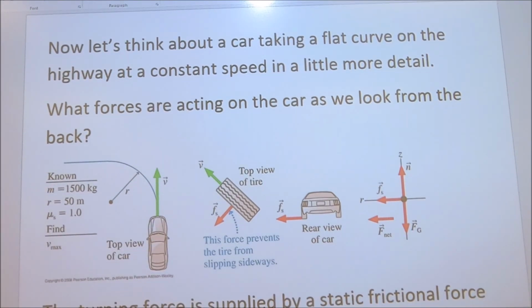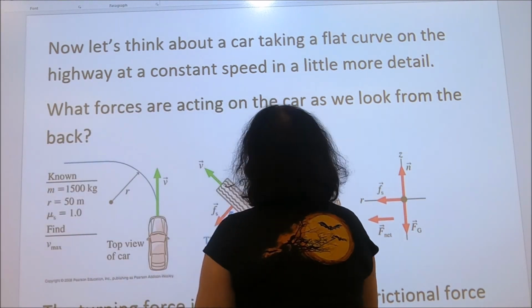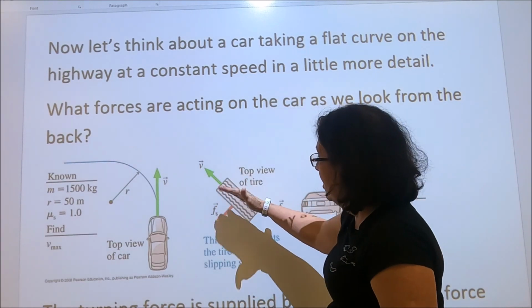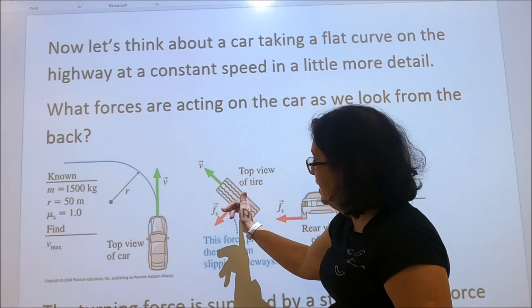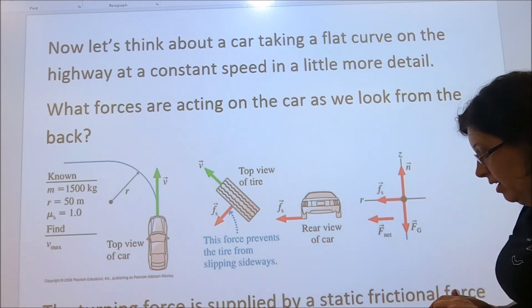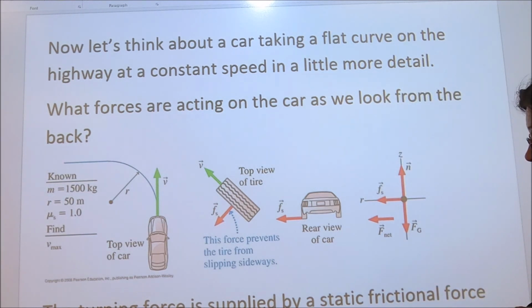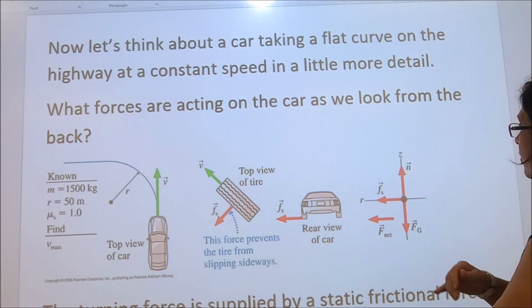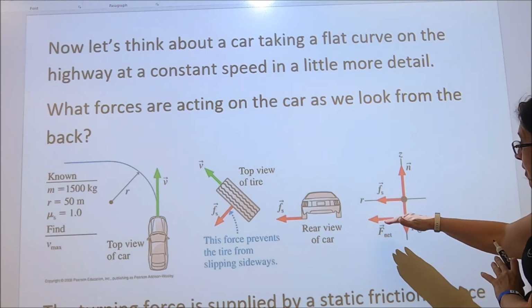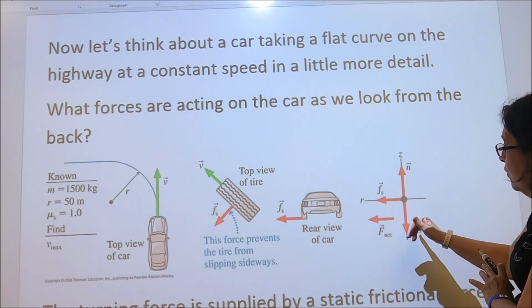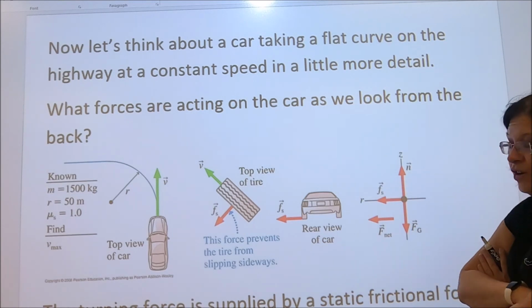If the car wants to take a flat curve at a constant speed, then let's think about the forces acting on the car. We know that it's got a velocity in the direction the tire is pointing, and perpendicular to the direction the tire is traveling is a static frictional force. So on the car, on the flat road, there's a normal force, a force due to gravity, and a static frictional force.